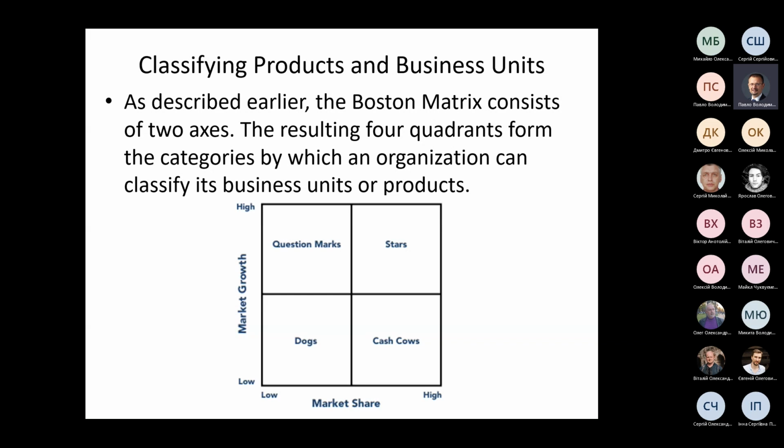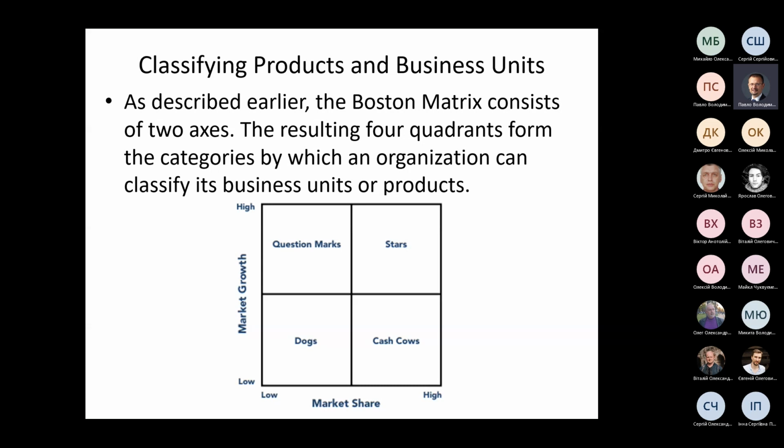And what is very important, I told you that this matrix is built for one diversified company. Yes, it is completely the truth, but you can find in this matrix also information about every competitor for every strategical business unit. How is it possible? Because we are using the relative market share.